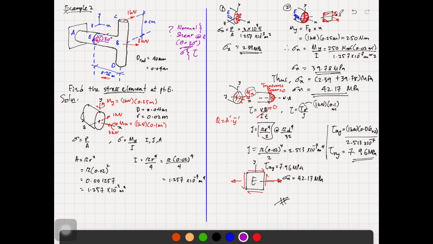But for this example, by now you have already attempted two examples from combined loadings, and the emphasis I've given in both examples is that it is very important for you to imagine in three dimensions, and make sure where the moment is supposed to be. Is it in torsion? Is it torque instead of moment?